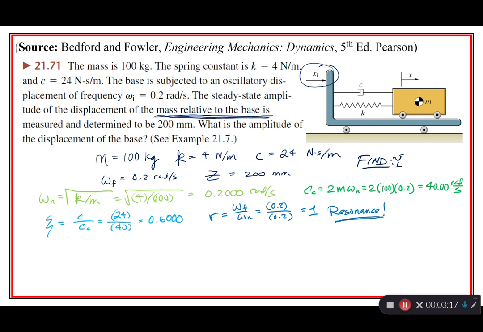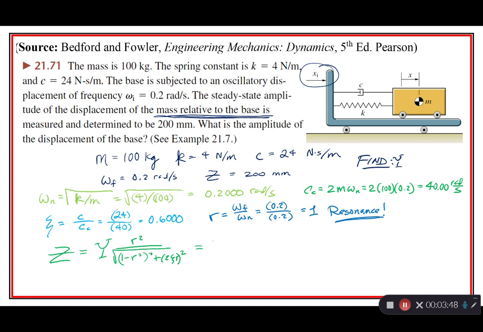All right, so the equation that we generally will use is Z is equal to Y. I say generally use. When we have the situation where we're doing the relative one, it's the one with the Z in it, and it's got an R squared over the square root of 1 minus R squared, squared, plus 2 squiggle R squared. But at resonance, a lot of things turn into 1, right?